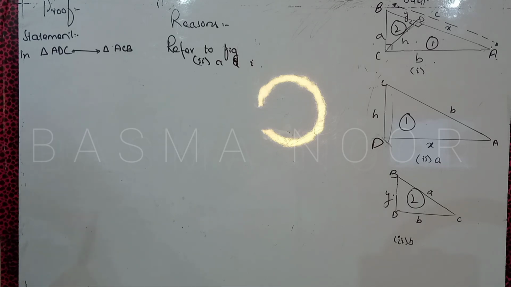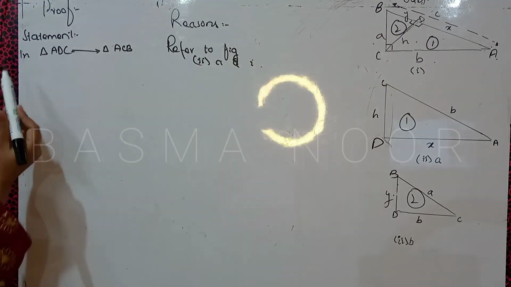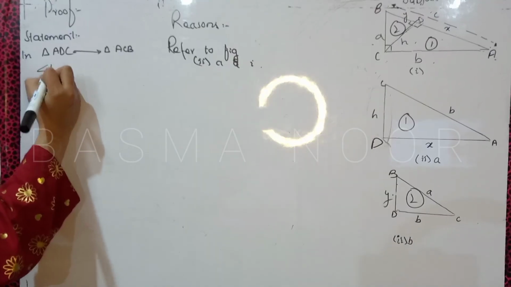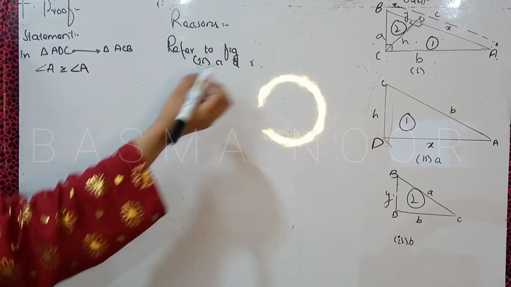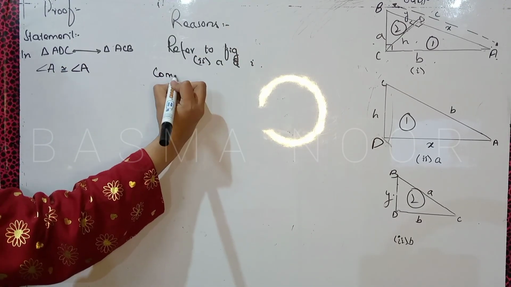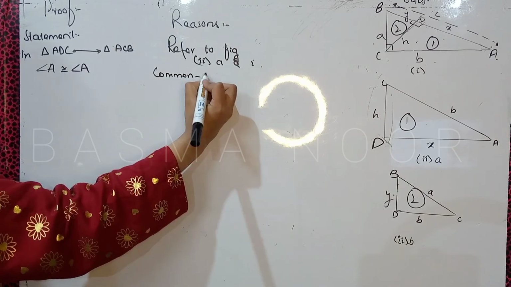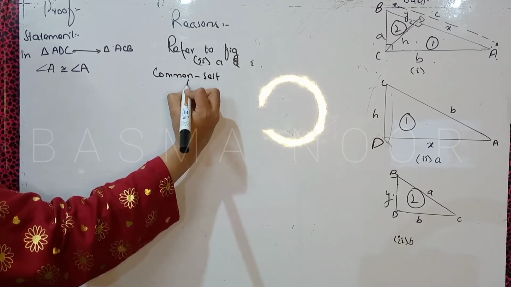Now we are gonna match the angles and the sides. Angle A is equal to angle A. Angle A is congruent to angle A. These are also common and self-congruent. Okay.